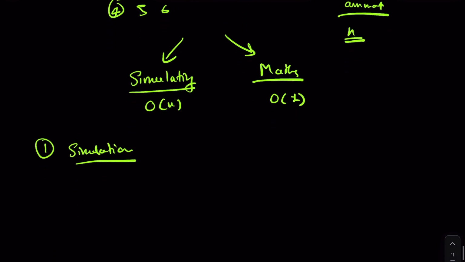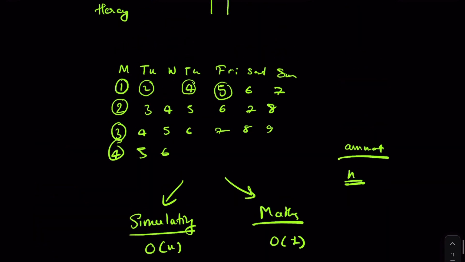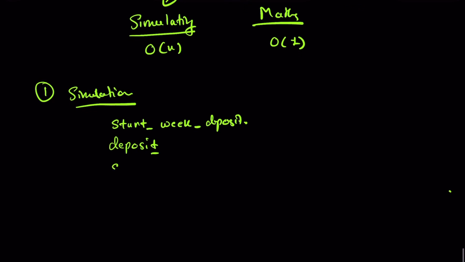Since we are simulating it, we will track his deposit each day in the bank. So we will take a variable deposit. Also, we need to track at what amount his investment starts for each week, so we will store it in a variable start week deposit, and we also need a variable for the summation.